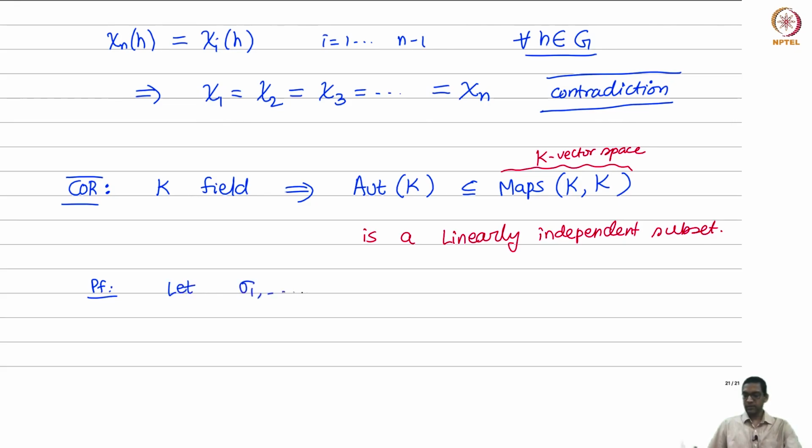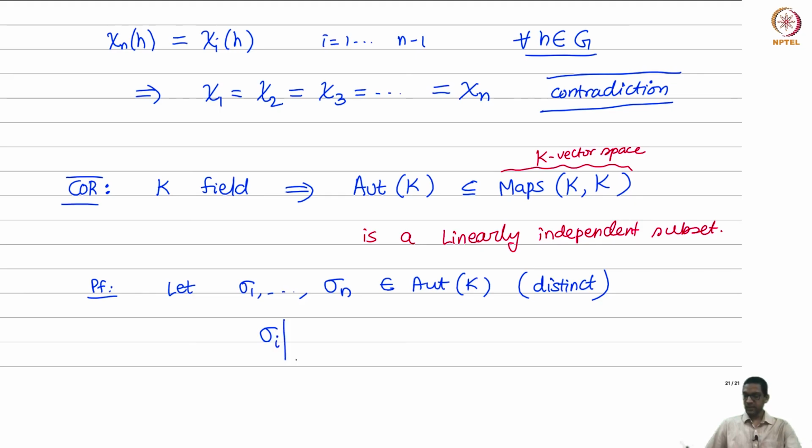So let sigma_1, sigma_2, ..., sigma_n be distinct. Let's assume they're all pairwise distinct automorphisms, and you need to claim they are linearly independent by using the previous theorem. Now, how do we think of them as characters? Well, they are maps from K to K.